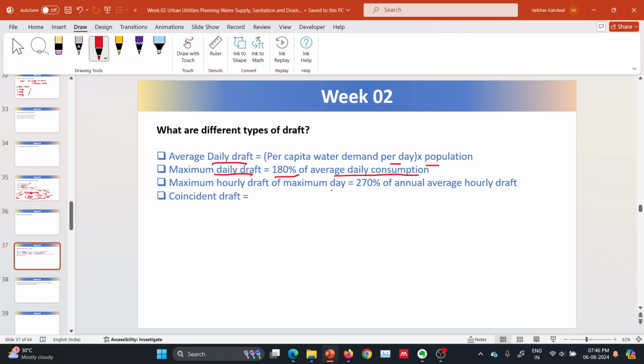Maximum hourly draft of maximum day is 1.8 times the annual average daily draft into 1.5 times the annual average daily draft. If you multiply these two things, you will get 2.7 into annual average daily draft.